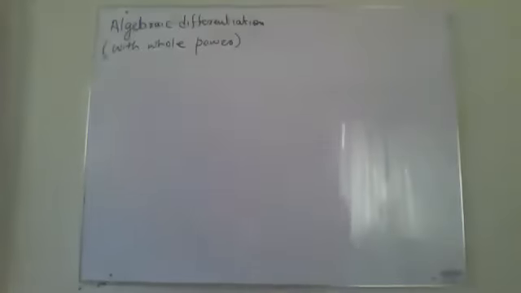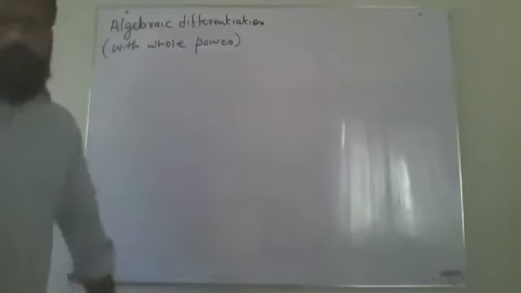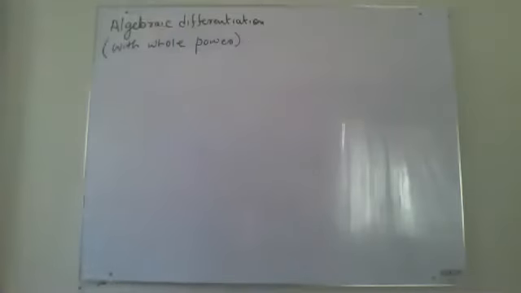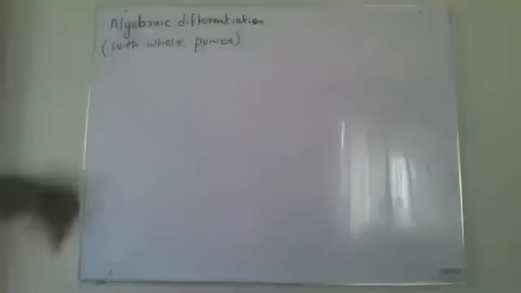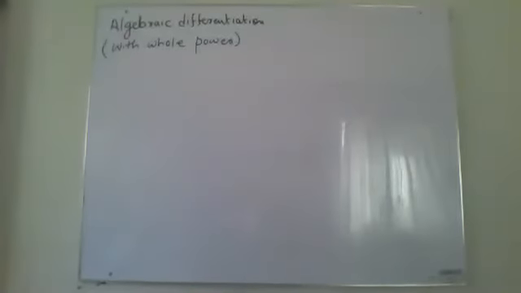In algebraic differentiation with whole power, my first step will be multiplying the whole power of the bracket with the coefficient of the bracket. Okay. Second step, the power of the whole power will be reduced by 1.